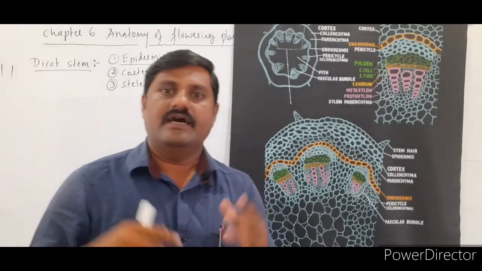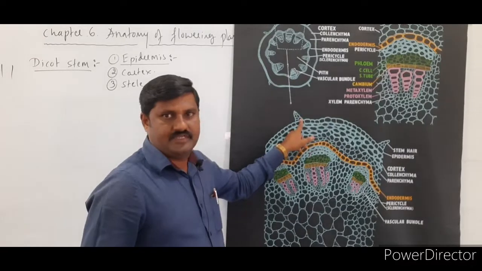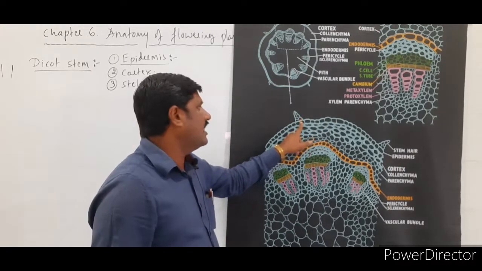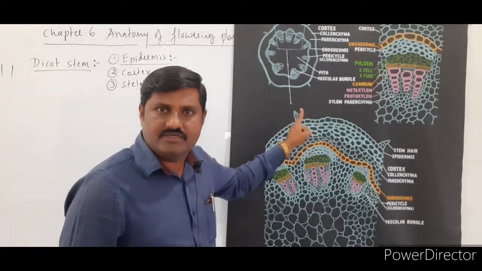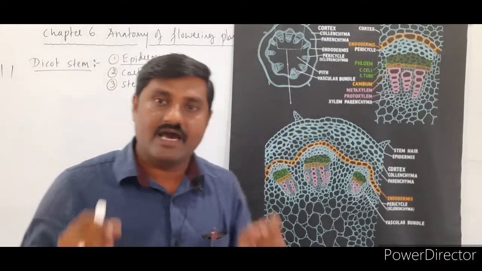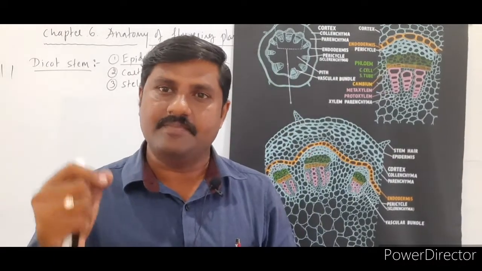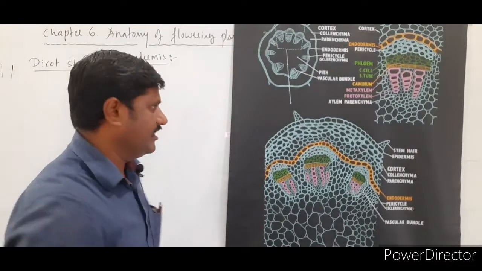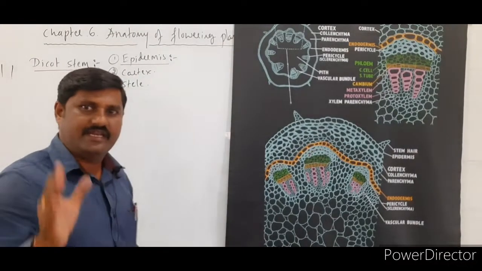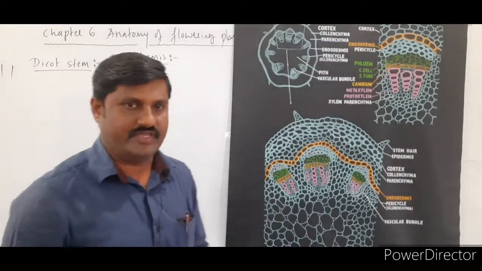These cells sometimes may have multicellular hair-like structures on them, and those hair-like projections are known as trichomes or stem hairs. Note down all these points, very important. As far as NEET is concerned, I am going to cover all the points here.